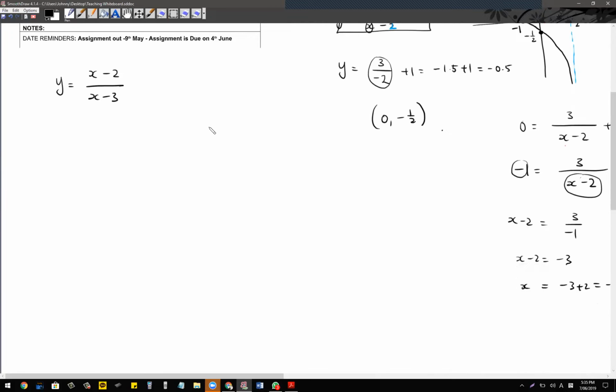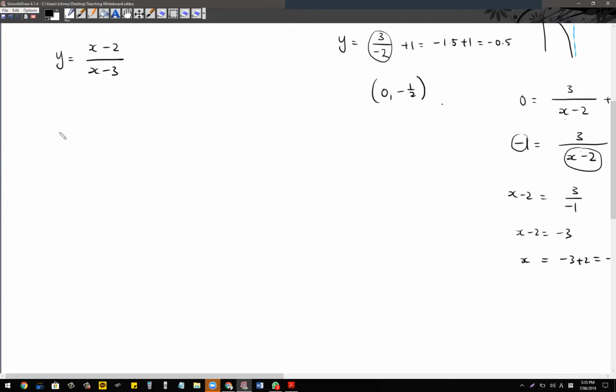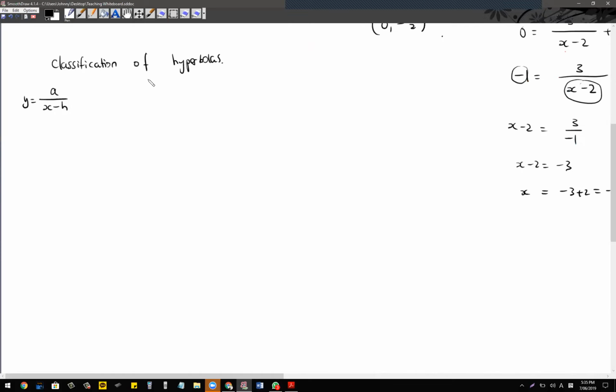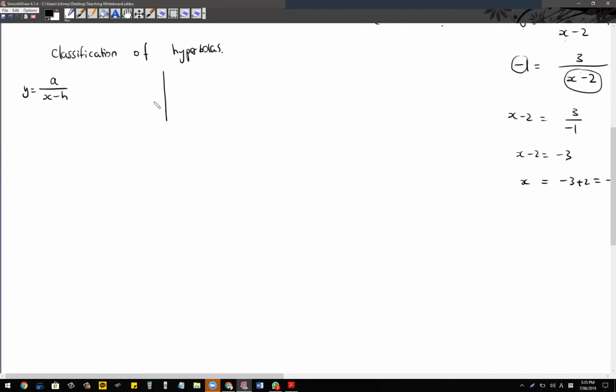Let me just classify things. So it's a classification of hyperbolas. If you have a over x minus h, this one always has the horizontal asymptote y equals 0.